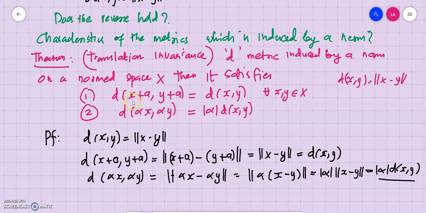If you change the position of the vector by a constant a, the metric is not affected. These are the elementary properties of a metric induced by a particular norm.